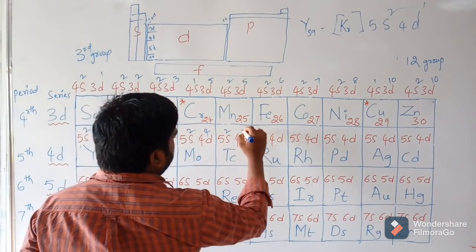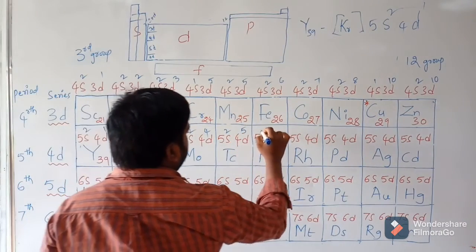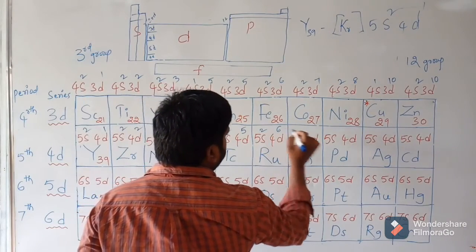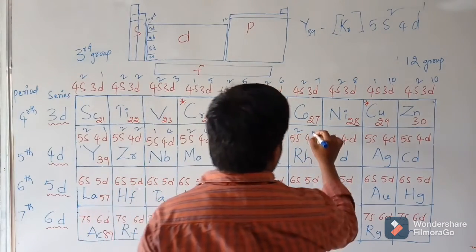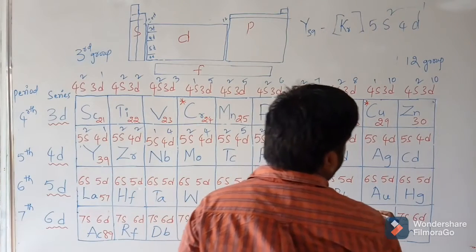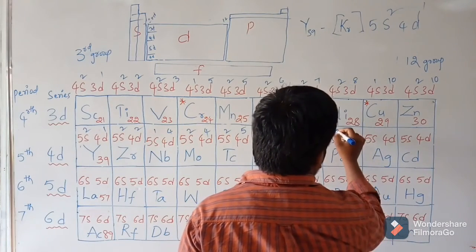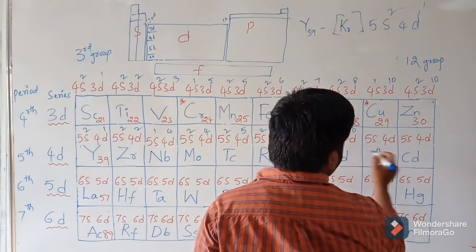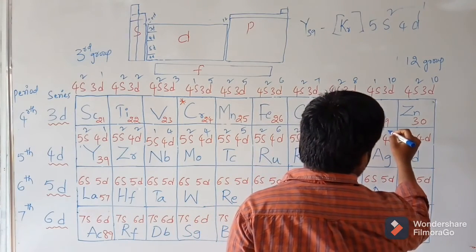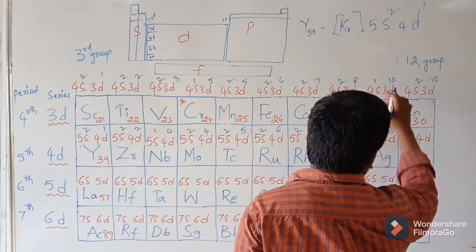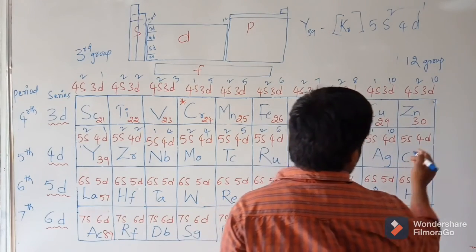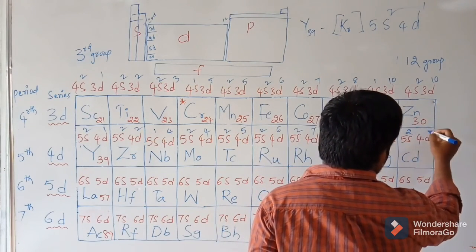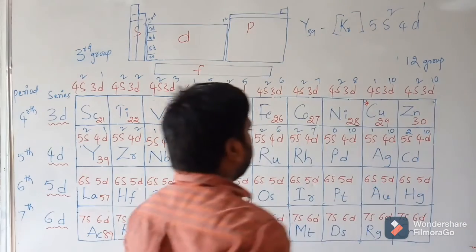Next one 5s2 4d5, and 5s2 4d6, 5s2 4d7, and this is 5s2 4d10, and this is 5s1 4d10, similar electron configuration 5s1 4d10, and next one this is 5s2 4d10. Okay, so this is the electron configuration.